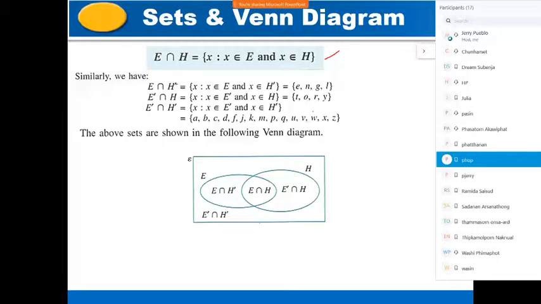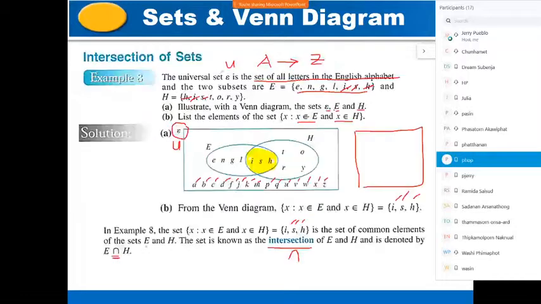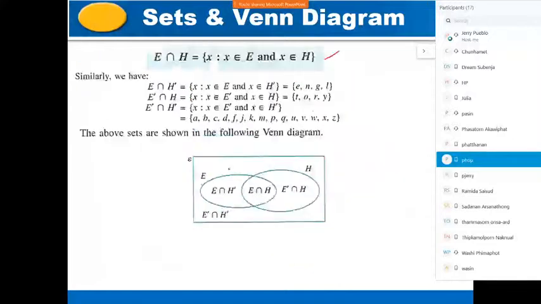What is H complement? Not in H. Therefore, where is not in H? If you look at the diagram, not in H, that's why we have E, N, G, and L.